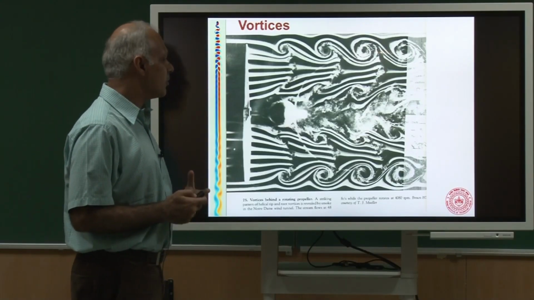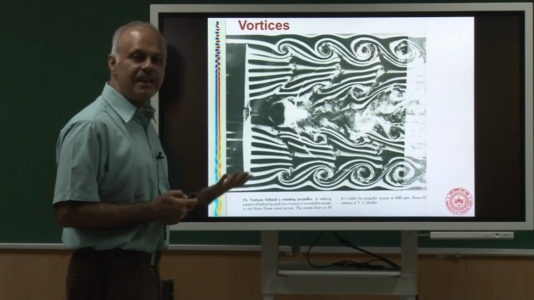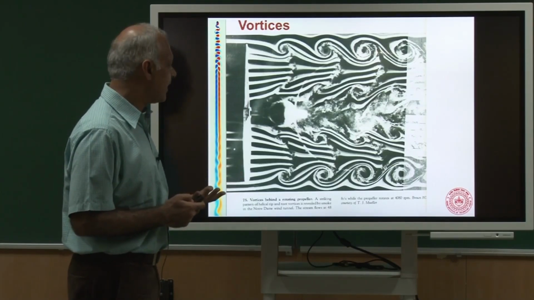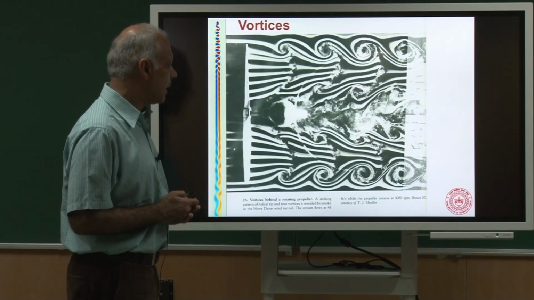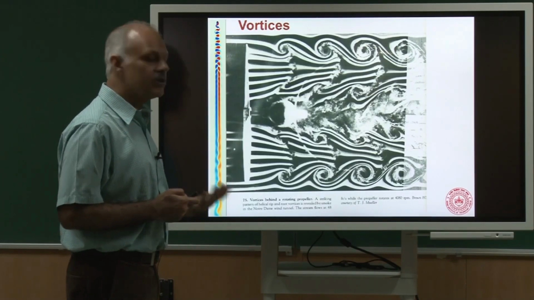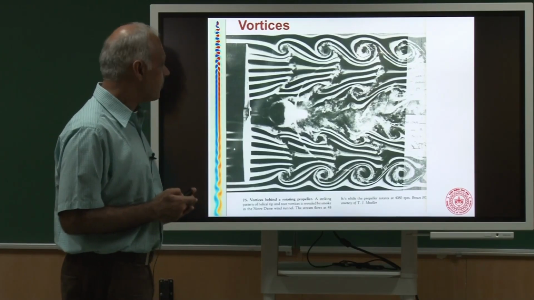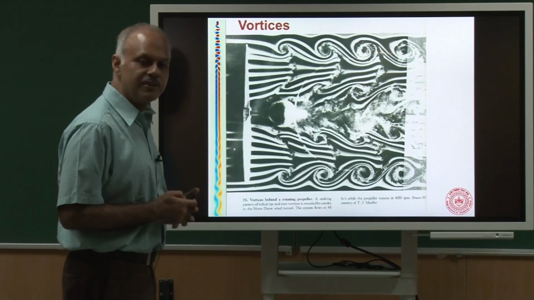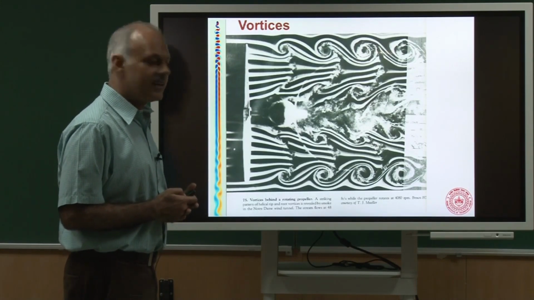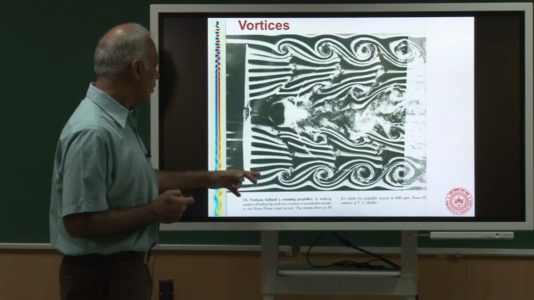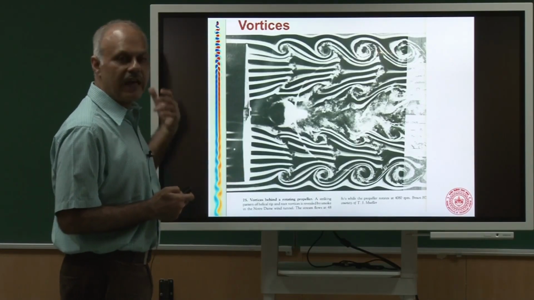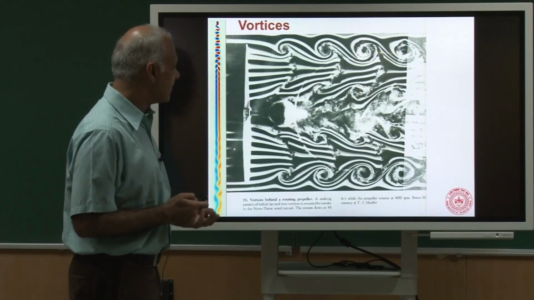In fact, if you look at the flow around a ceiling fan or even a table fan, you get these very nice vortices, and we'll talk about it sometime later. They also lead to some noise, which when you run the fan at a high speed, you can see that there is noise because of these vortices. So vortices released from one blade could actually hit the other blade in a ceiling fan. We'll talk about that.